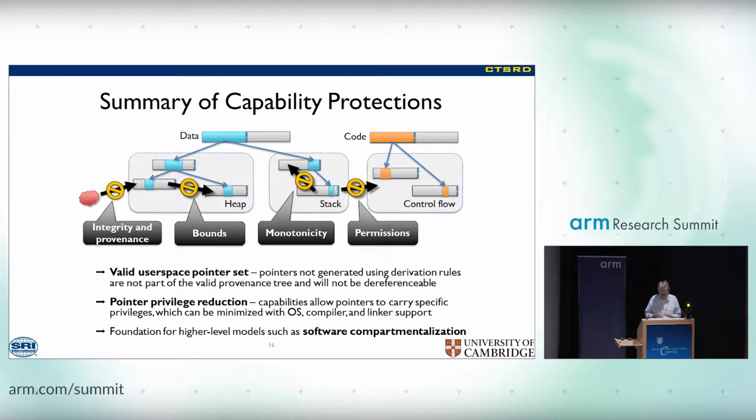So pointers that are not generated using the appropriate deriving rules are no longer valid pointers. We get pointer privilege reduction. So capabilities allow pointers to carry specific privileges, and those can be minimized. And this is the foundation for high-level models such as compartmentalization.